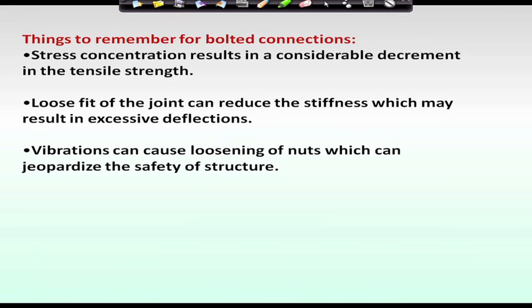That means we have to tighten the bolts properly, so that loose fit does not occur and the joint does not get reduced in strength. Then vibration causes loosening of nuts, which can jeopardize the safety of the structure. So, we have to keep this in mind while designing a joint using bolts.